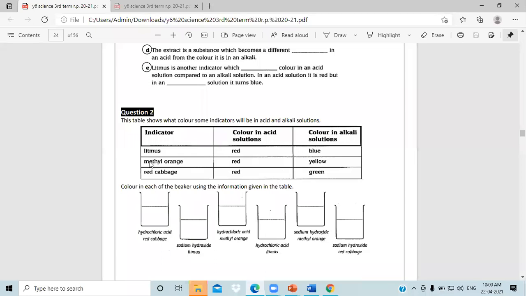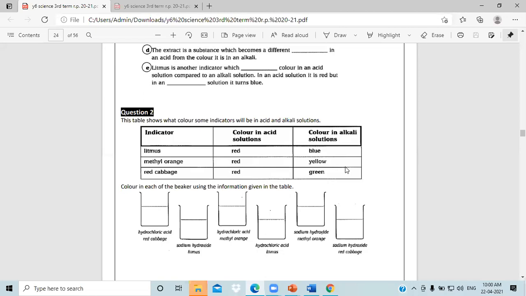The methyl orange, which is originally orange, turns red or pink with acid and yellow with alkali. The red cabbage juice, which is purple originally, turns red with acid and green with an alkali solution.